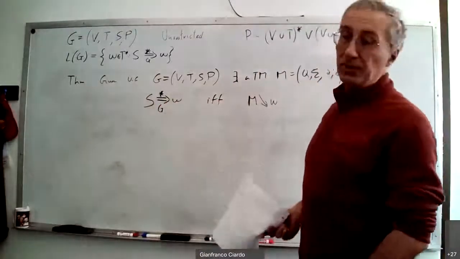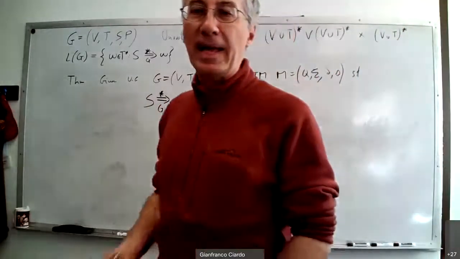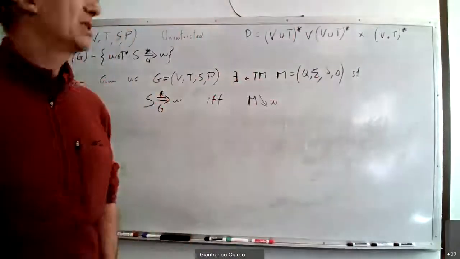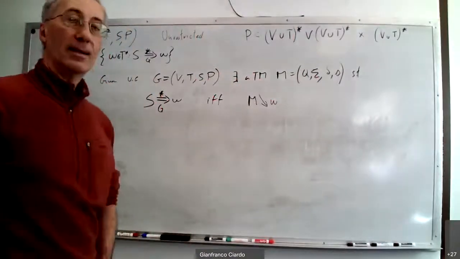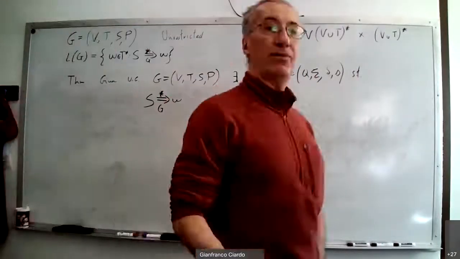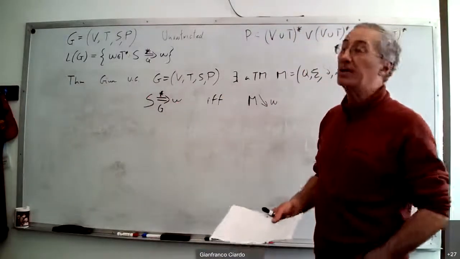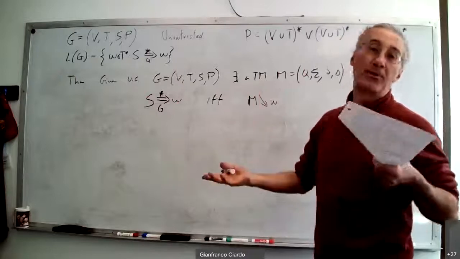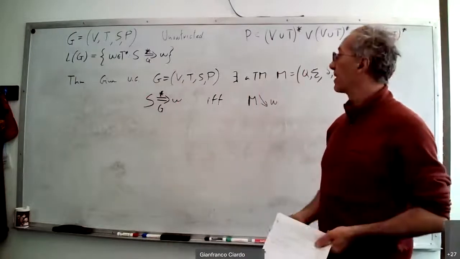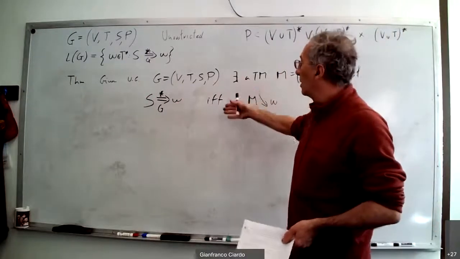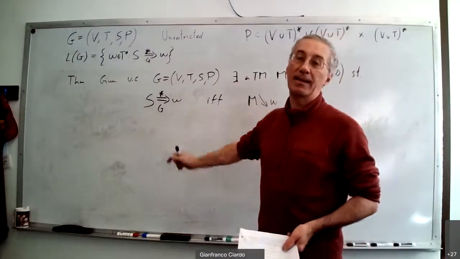To prove this, we can do it in a very lazy way, which is just saying, well, I believe Turing's thesis. Given that Turing machines are the most powerful thing we can imagine, then of course they must be able to simulate a grammar.